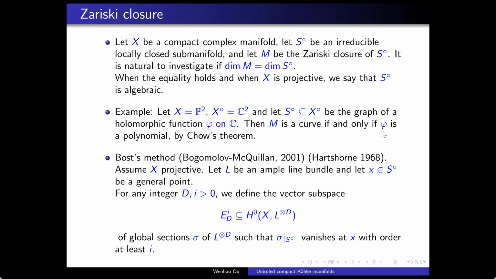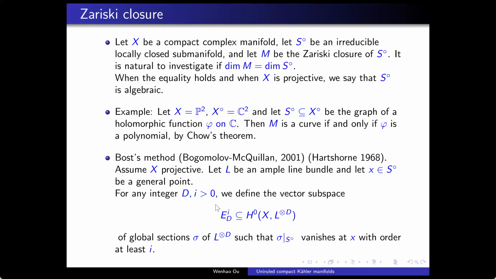And this is by Chow's theorem. Chow's theorem says that every closed analytic variety in the projective space is an algebraic subvariety. So if M is a curve, we must have that phi is a polynomial.